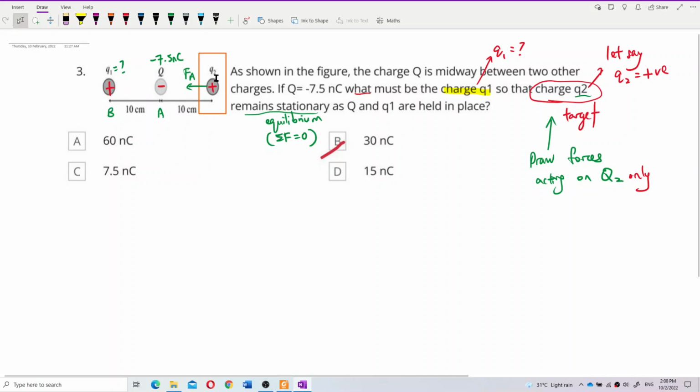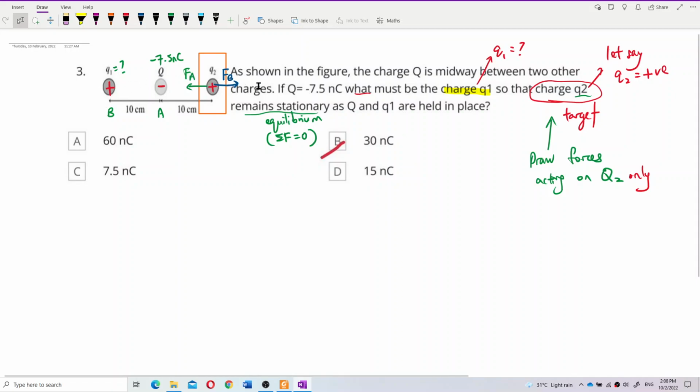Because Q1 is positive and Q2 is positive, the same sign, they repel. So the force from charge B is to the right.